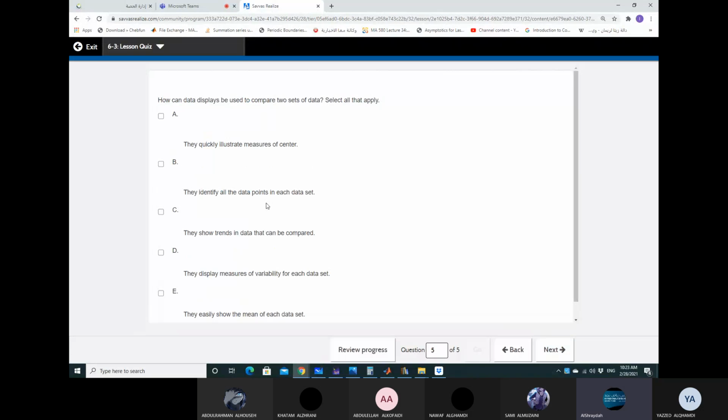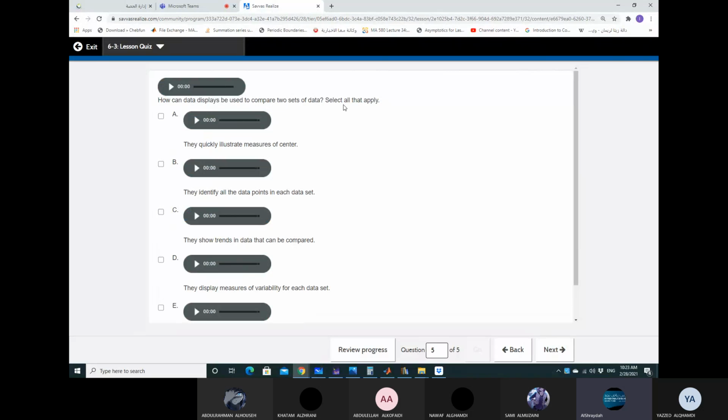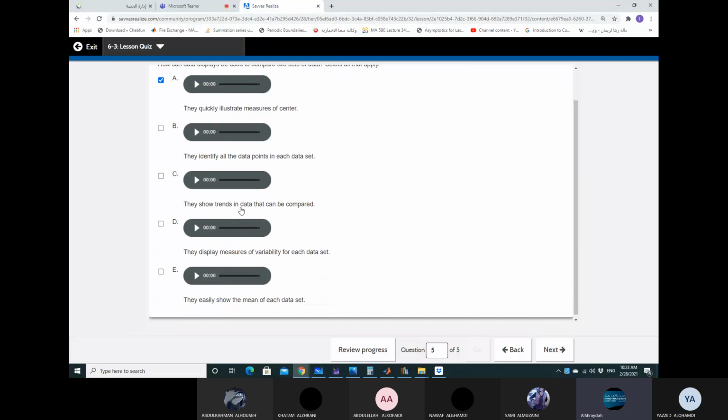Let's check here. How can data displays be used to compare between datasets? They quickly illustrate measures of center, yes. They identify the outliers, no. They show trends in data that can be compared. They display measures of variability.